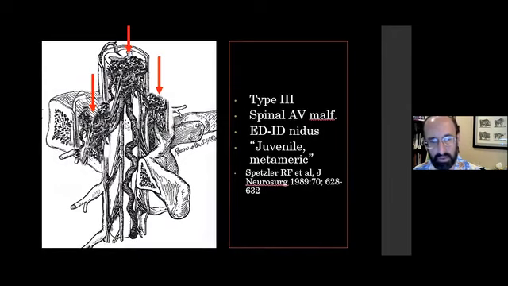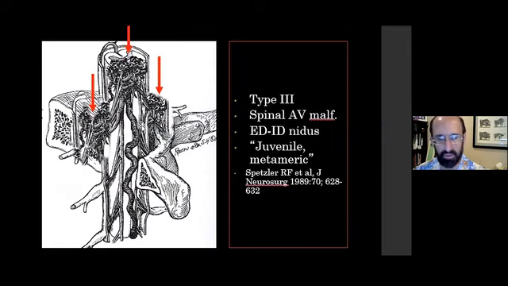Type 2 and type 3 are vascular malformations where you have a lesion within the spinal cord. This is called the juvenile metameric form, where it also extends out into the adjacent soft tissues that are extradural. But type 2 is purely intradural intramedullary arteriovenous malformation, not a fistula, but an actual nidus within the spinal cord.